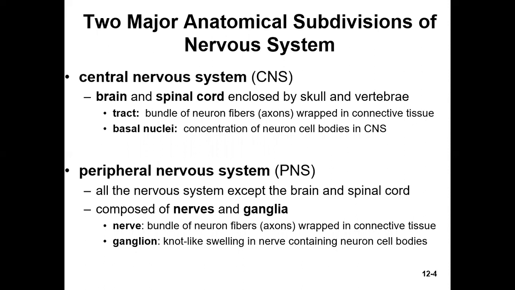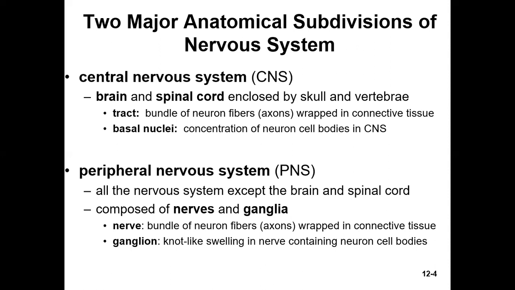Now we have some structures within each division that are similar, but we name them differently. In the central nervous system, a bundle of neuron fibers, which is really the axon of a neuron that gets wrapped in a connective tissue, we call this a tract when it is within the brain or the spine. That same type of structure, axons wrapped in connective tissue, when in the peripheral nervous system, we call them nerves.